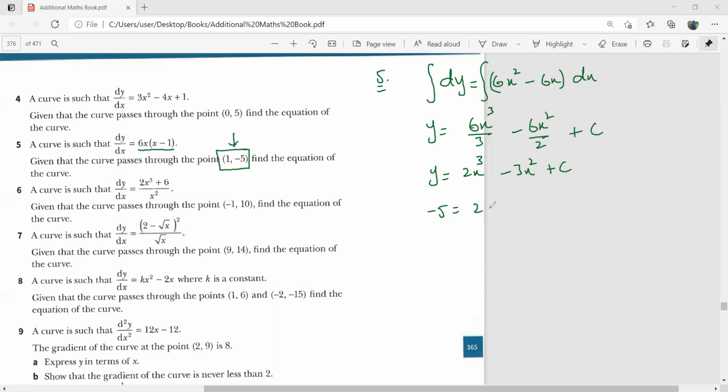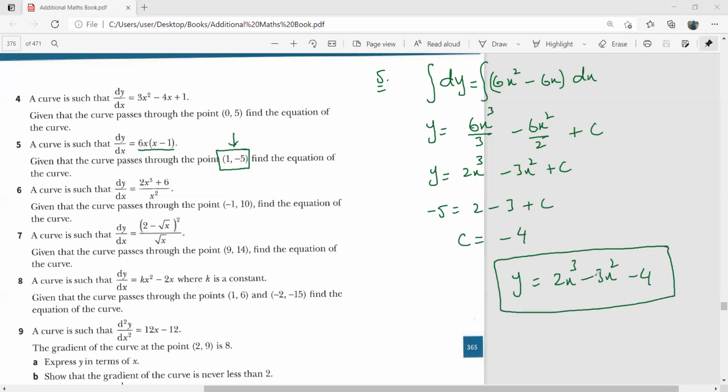That is going to be 2 minus 3 plus c, and your c is going to be, I think, minus 4. Okay, you can check. This is y equal to 2x cubed minus 3x squared minus 4. So that is the equation of the curve which had this as its gradient, dy by dx equal to 6x into x minus 1.